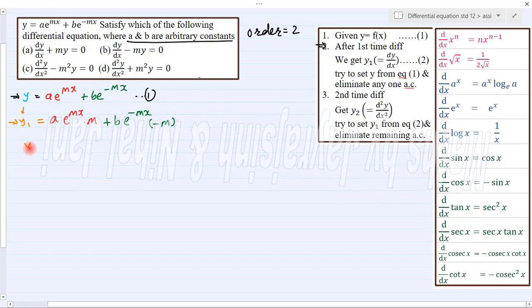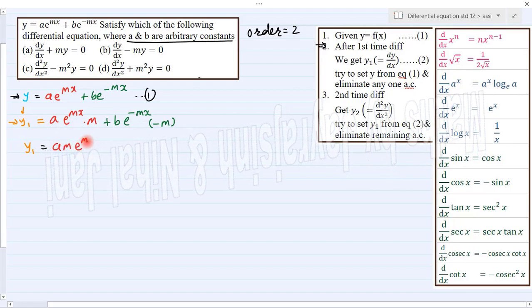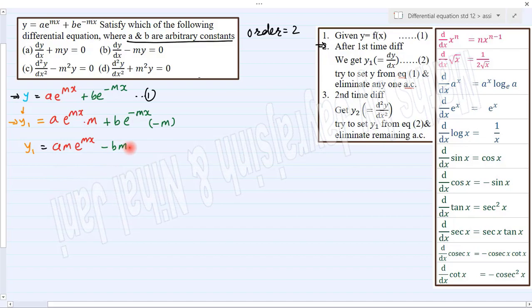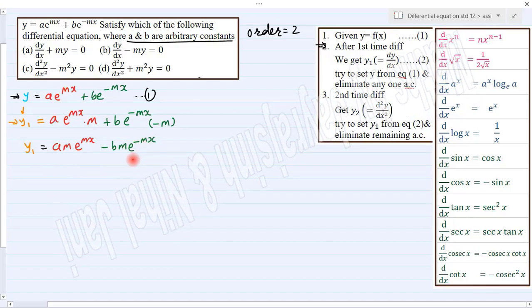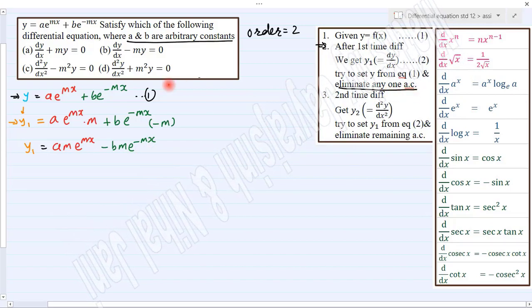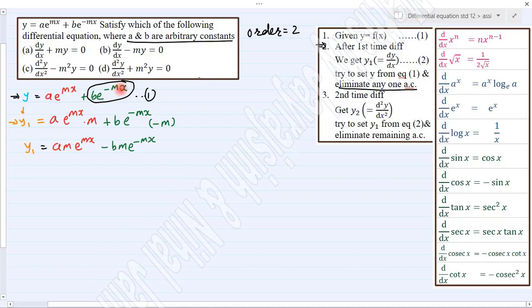So here we get y1 is equal to am e raised to mx minus bm e raised to minus mx.